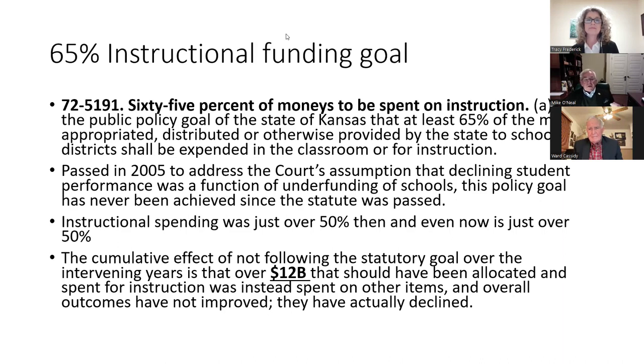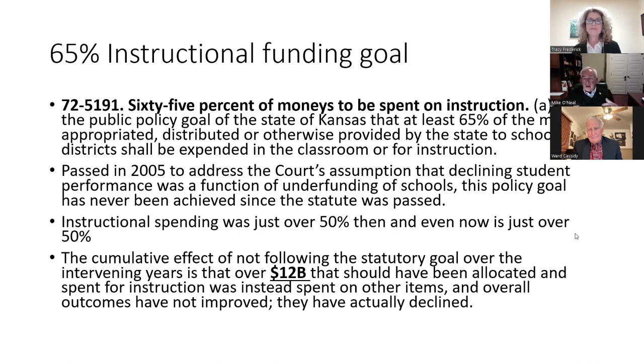So as a result of the litigation process, where the court was convinced at one point that if the legislature would just spend more money, we would get these outcomes. And I don't blame the court. They took a lot of evidence.